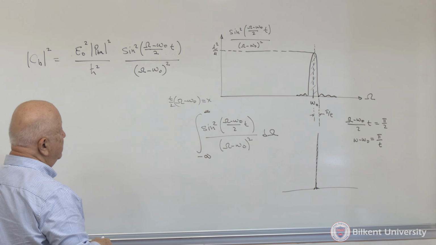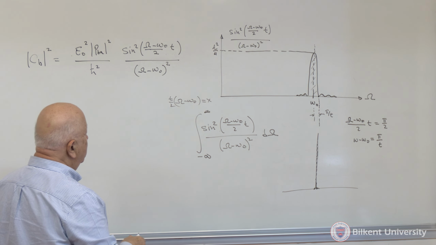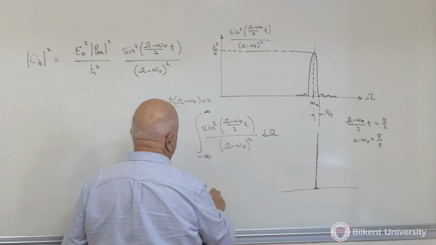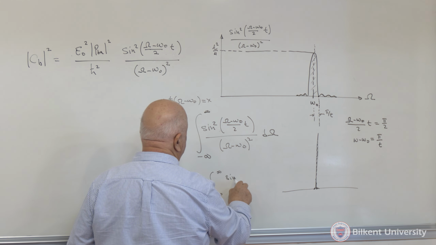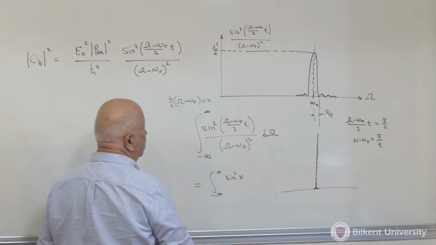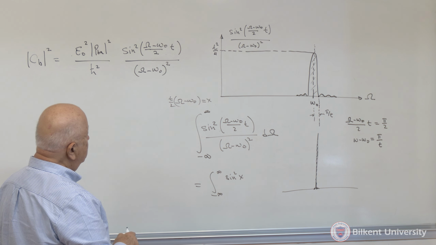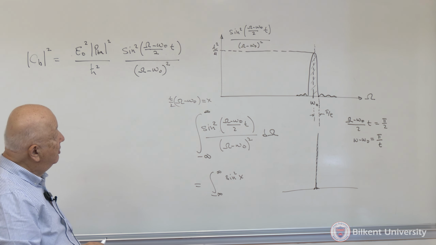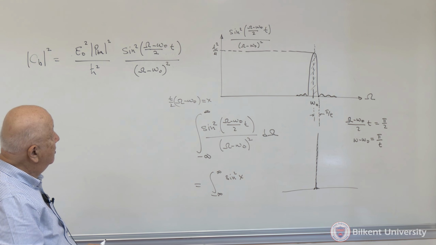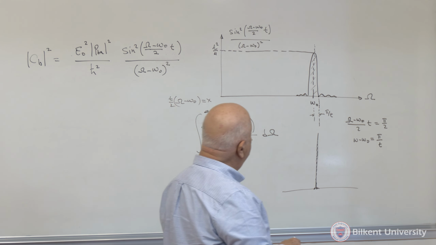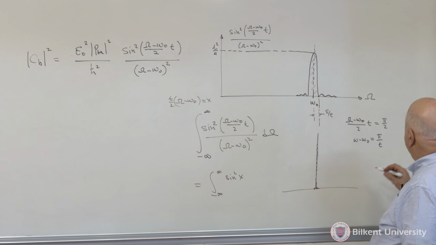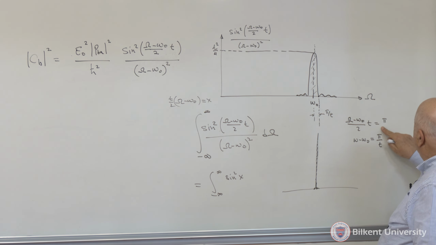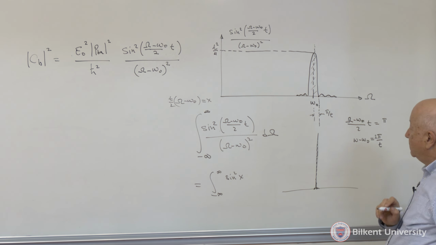So that's going to be sine squared x. Then I'm going to get the integral from minus infinity to infinity of sine squared x. Why did we create the 0 point as pi over 2? Shouldn't it be pi? Yes, you are right, thank you. So it's 2 pi over t.